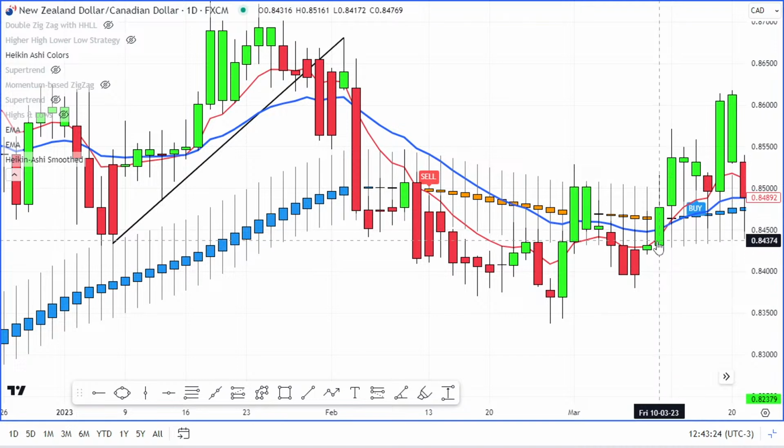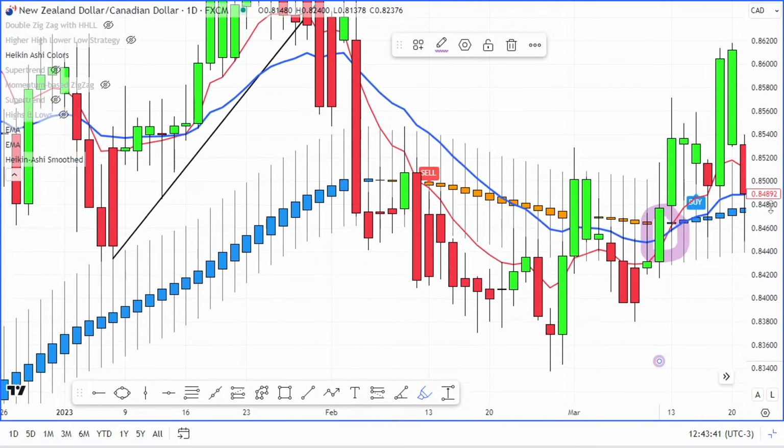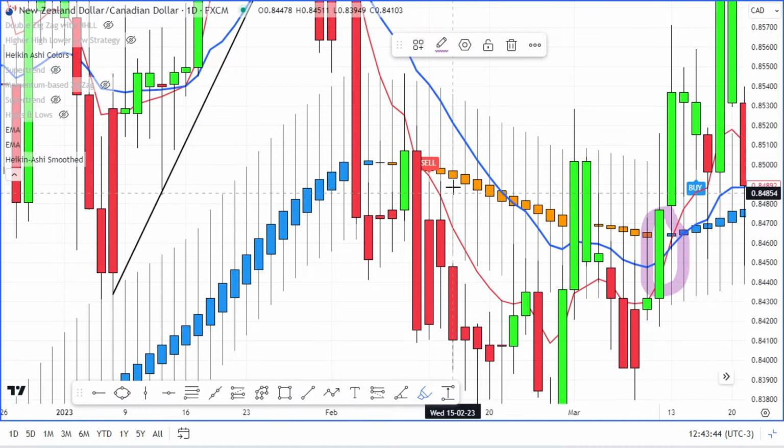So Heikin-Ashi turned green, you get out 30%. The moving average exponential 8 and 21 crossed on the upside, you get out another 30%. And when the Heikin-Ashi smooth turned from orange to blue, just an example, you get out another 30%.